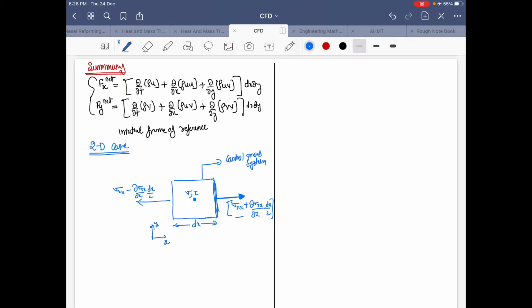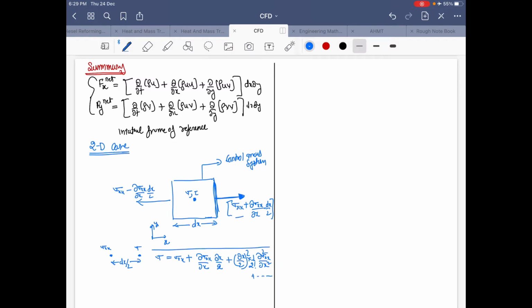So why can we write it like that? Because if we have two points separated by a distance dx by 2, and here I have sigma xx and I want to find sigma at a distance of dx by 2, from the Taylor series I can write sigma equal to sigma xx plus del sigma xx by del x into dx by 2 plus (dx by 2) whole square into 1 by 2 factorial del squared sigma xx by del x square, and there are higher order terms.